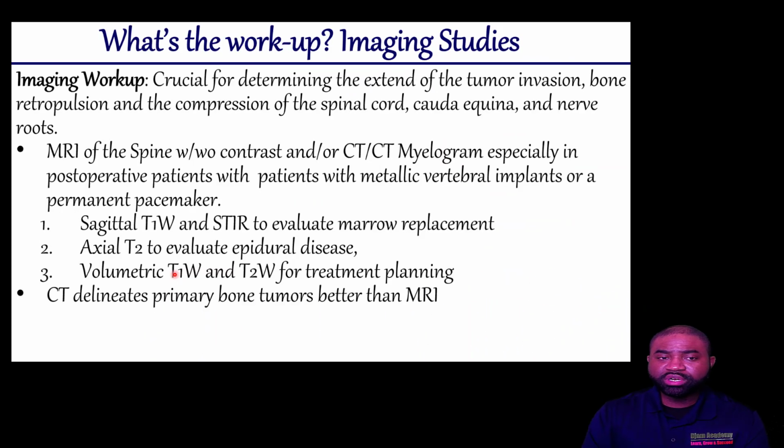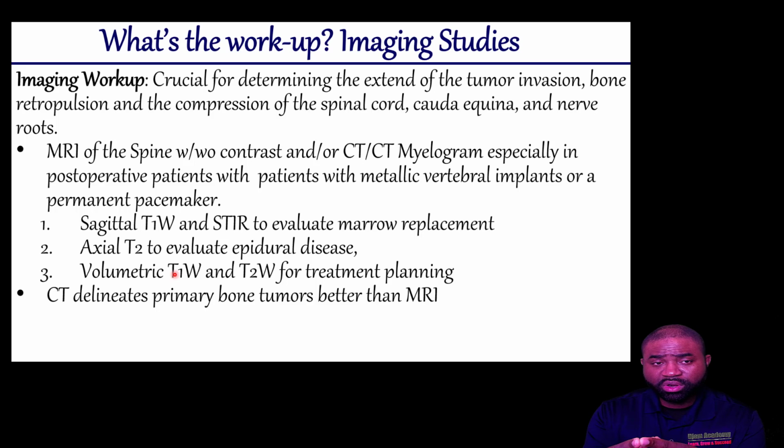Now, for the imaging workup, it is really crucial to determine the extent of the cord's involvement, bone retropulsion, as well as the compression of the spinal cord or the cauda equina.